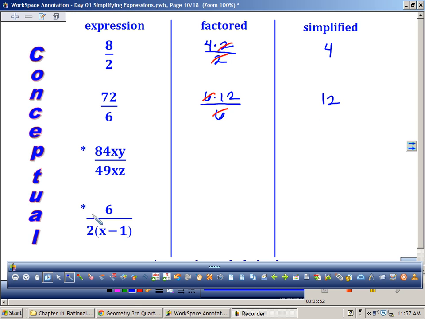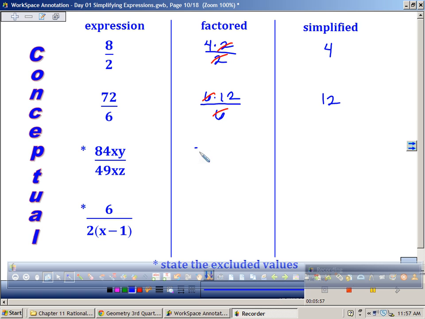Okay, what about this one? Don't need to go that far, though. Look at the denominator. Let's start with the denominator first. Because the denominator can only be factored like this, right? 7 times 7. So how would you factor that 84? See, Cassandra, why you don't need to factor it any more than that?